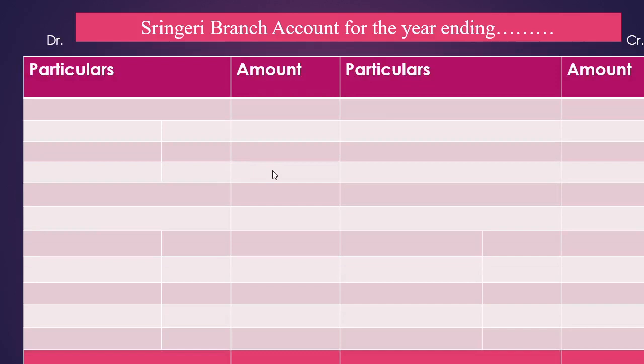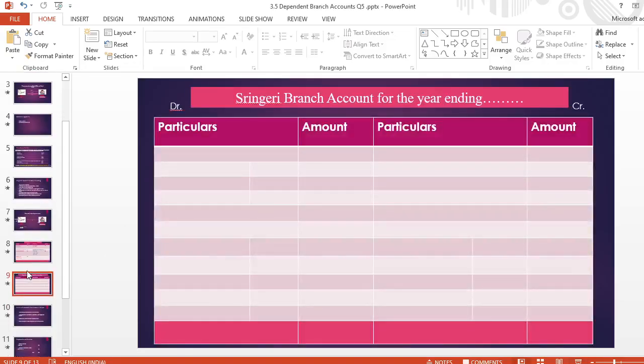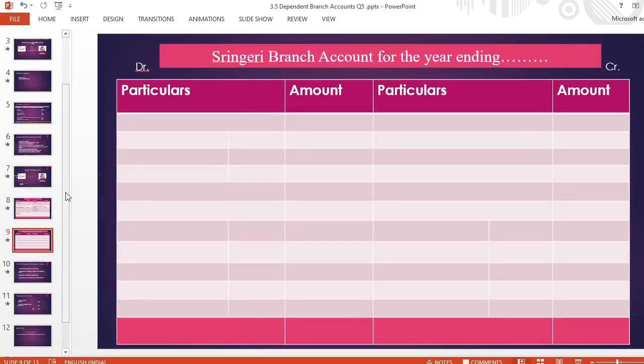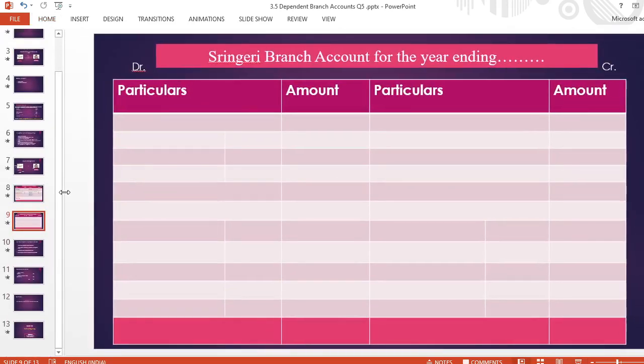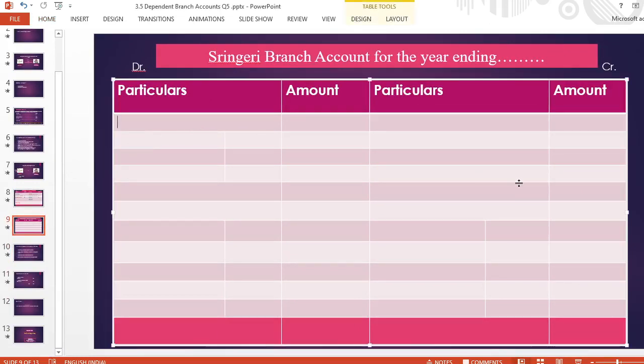Let me start with the Sringeri branch account for the year ending. The first entry that you all know is to balance brought forward for the opening balance.